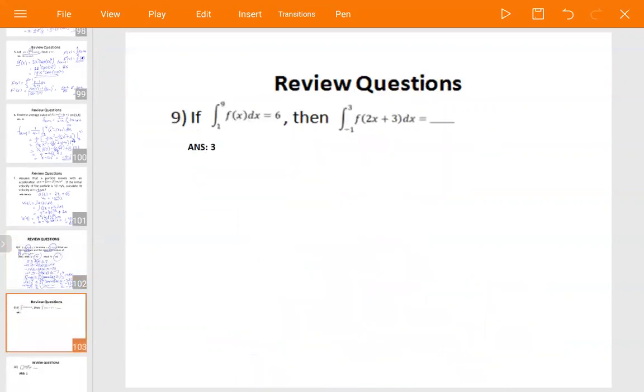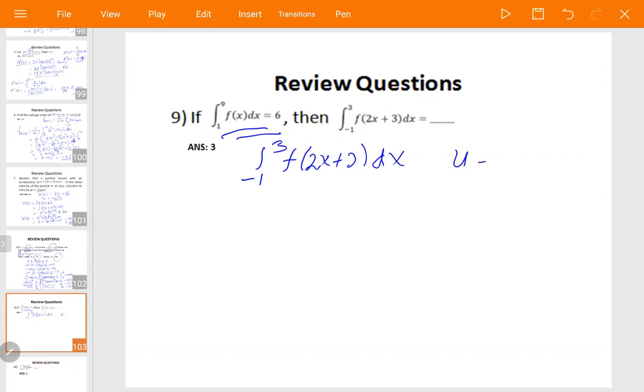Question number 9, we are given the integral from 1 to 9 of f of x dx to be equal to 6. The question is to find the integral from negative 1 to 3 of f of 2x plus 3 dx.